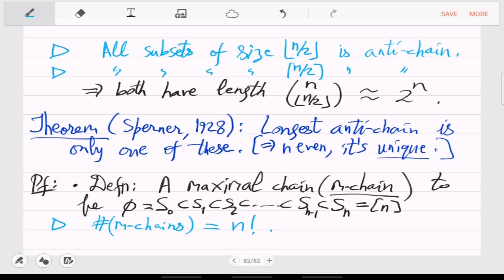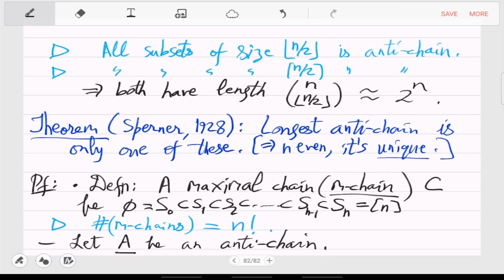Now consider the longest anti-chain. Let A be, in fact, any anti-chain. If you take an M chain C, how many elements of the chain can be in the anti-chain? At most one.